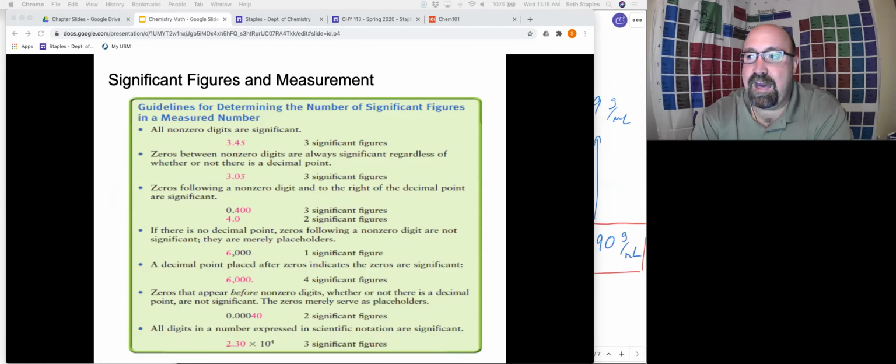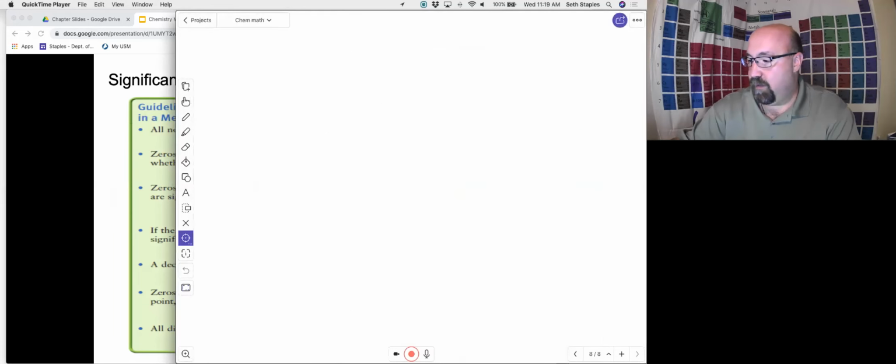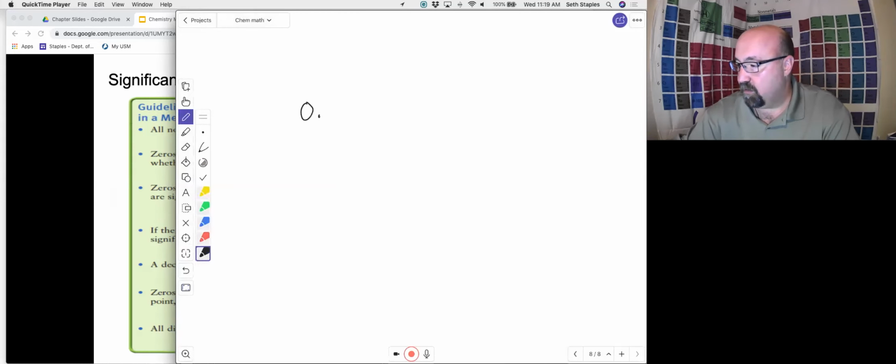If we have a 0 following a non-zero digit and to the right of the decimal point, that is significant. That's where I was just giving the example of the difference between 0.4, maybe 0.4 meters versus 0.40 meters.